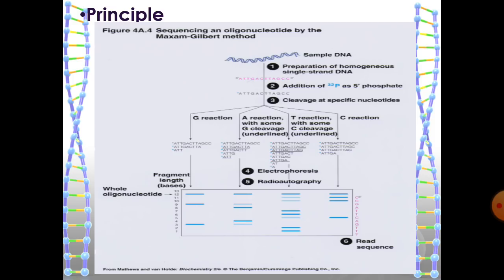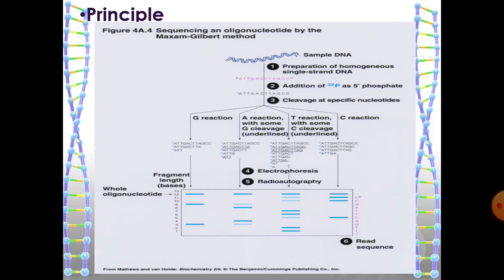After that, the DNA is denatured using the heat denaturation method, and single stranded DNA is generated as a result of heating. Then it is treated with an enzyme.